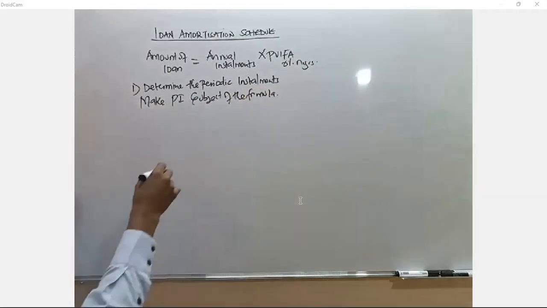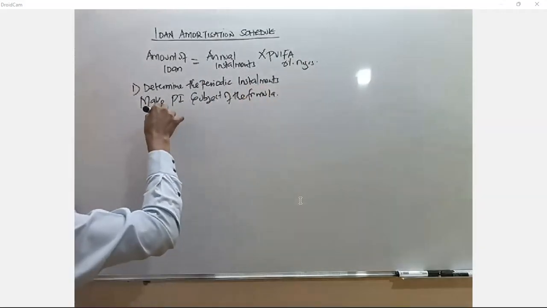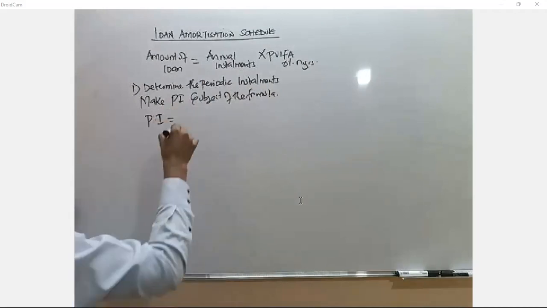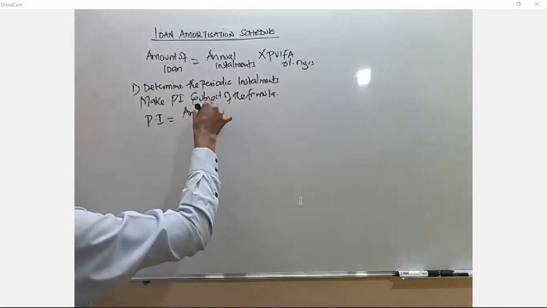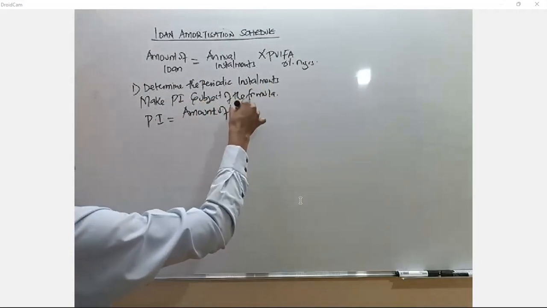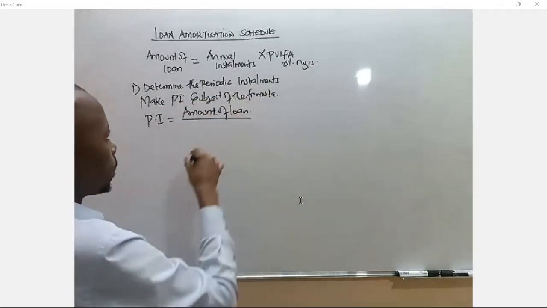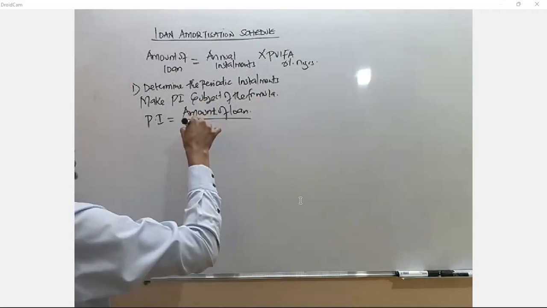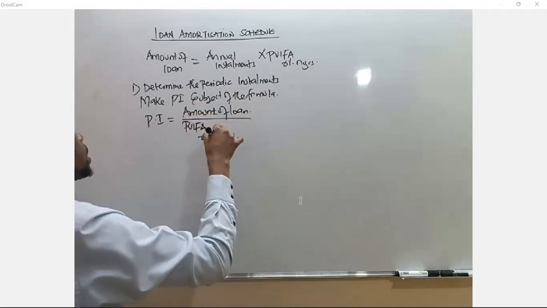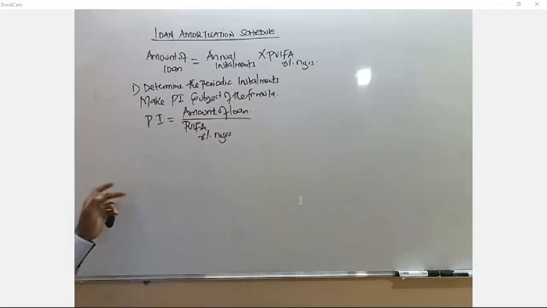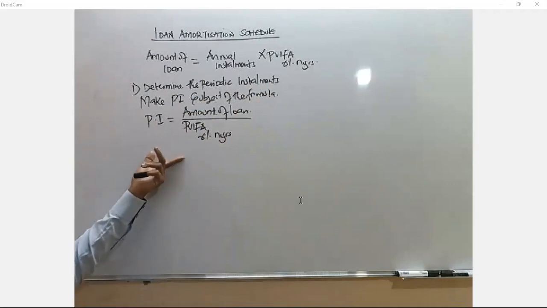So to get the periodic installment, we take the amount of loan and divide by our discount factor, the present value interest factor annuity, R% N years. This is how we are supposed to do it.